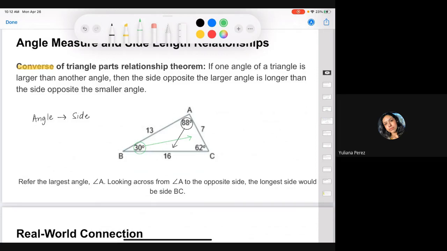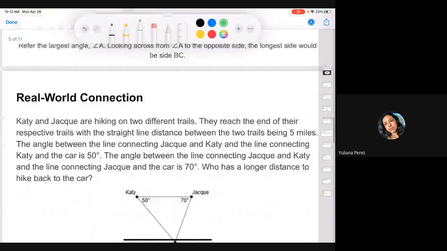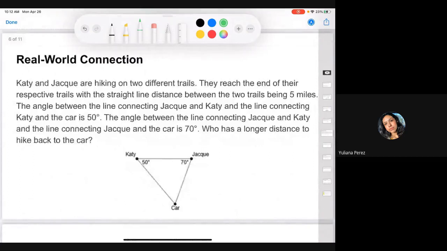So it just does the opposite. Instead of looking at sides to rank our angles here, angles represent our sides. Okay, questions about this?